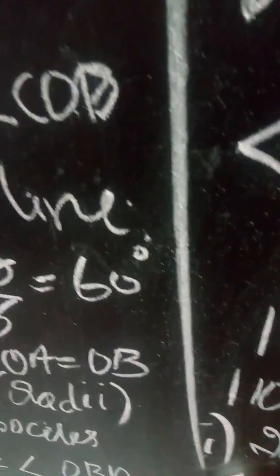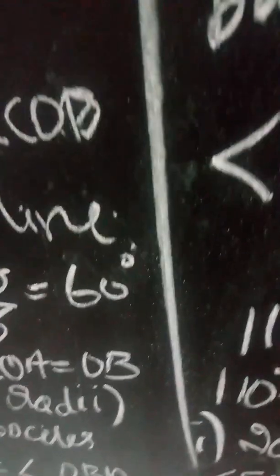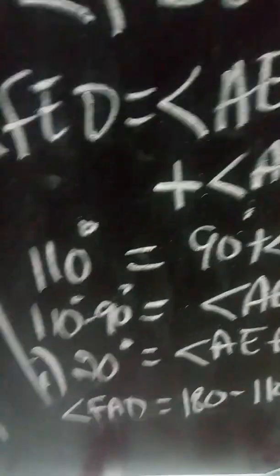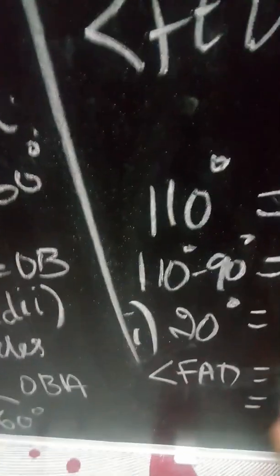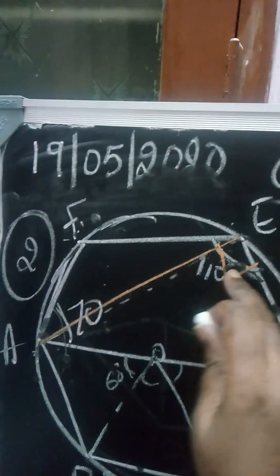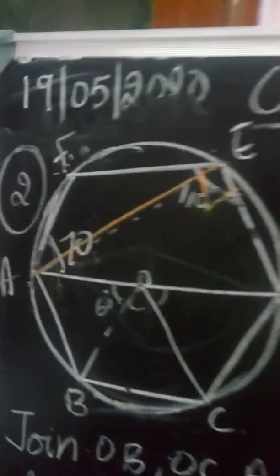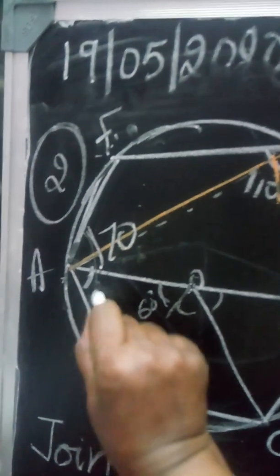So angle FAD is equal to 180 minus 110, so this will be equal to 70 degree. The sum of these two angles will be equal to 180 degree. Now this we have already found out, it is 60 degree.